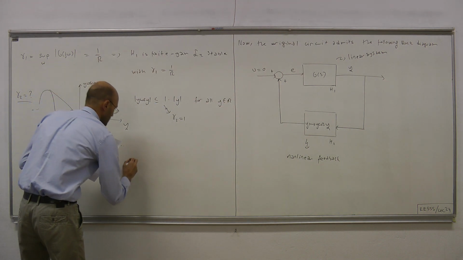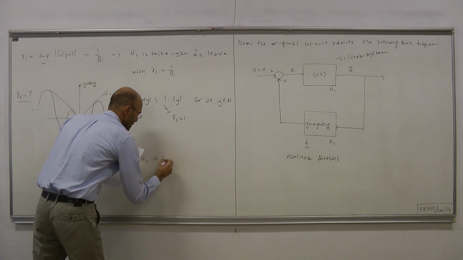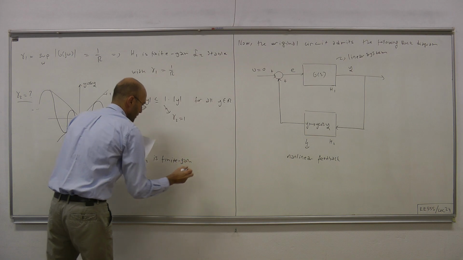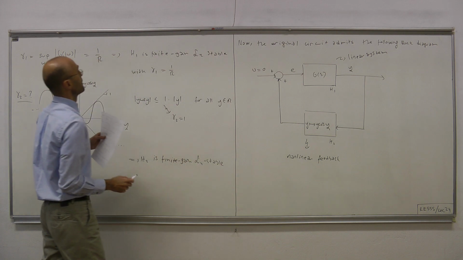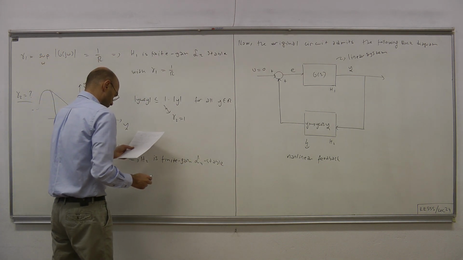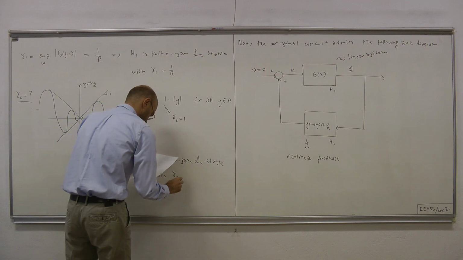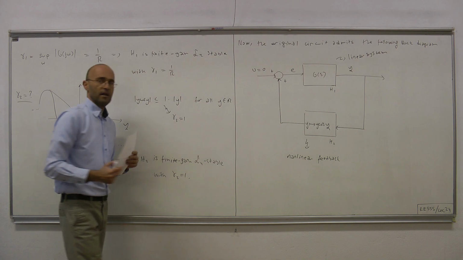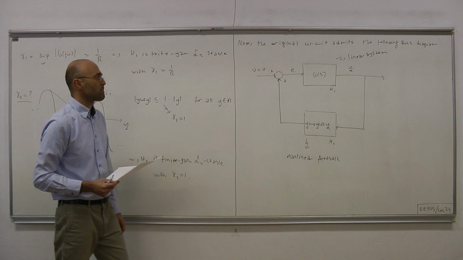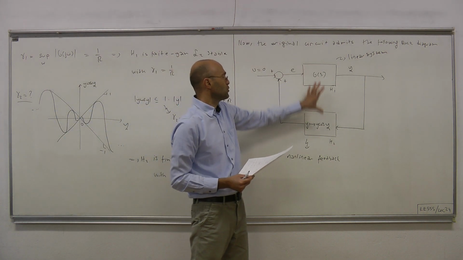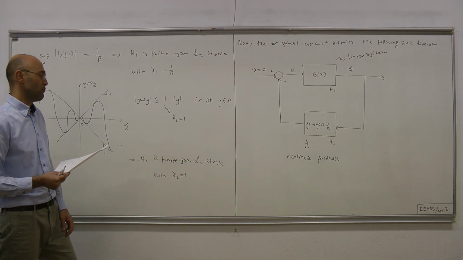And the second subsystem, H2, is finite gain L2 stable with gain equals 1. And now we have everything we need for the small gain theorem. We have two subsystems connected in the feedback form.